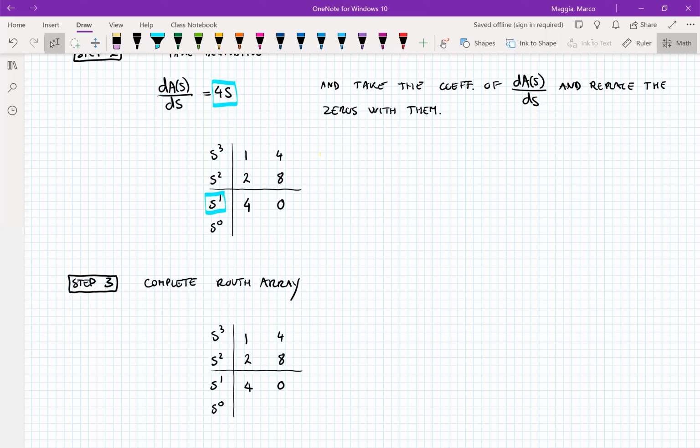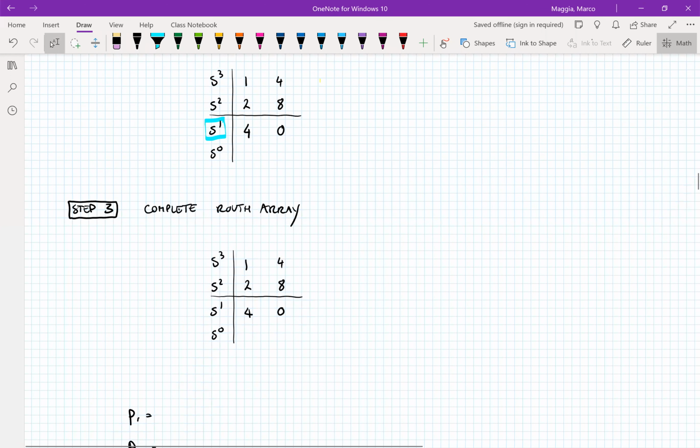And that's it. Then you can just complete the Routh array. And in this case, the final element that we're looking for, well, it uses these 4 coefficients.